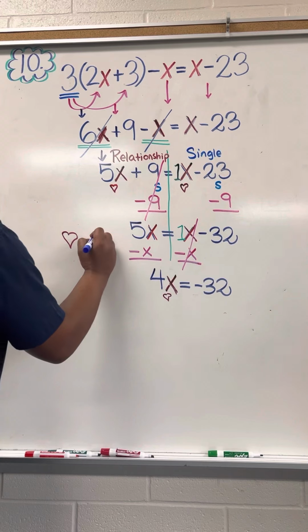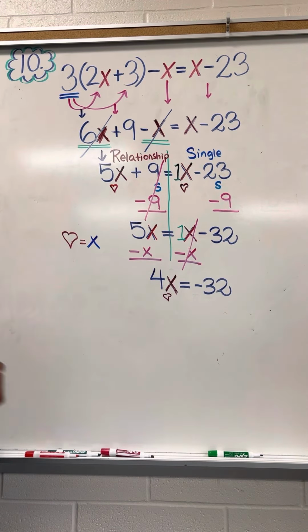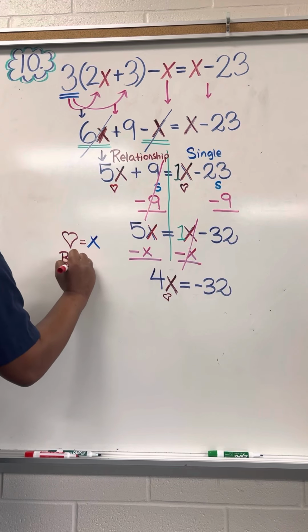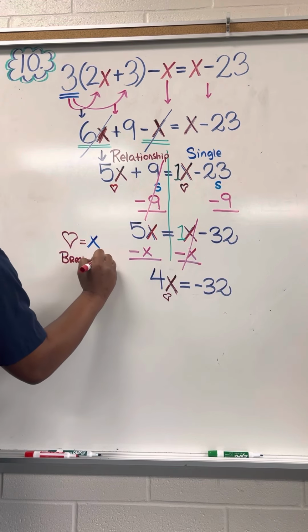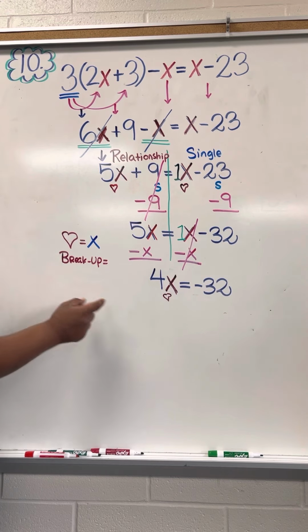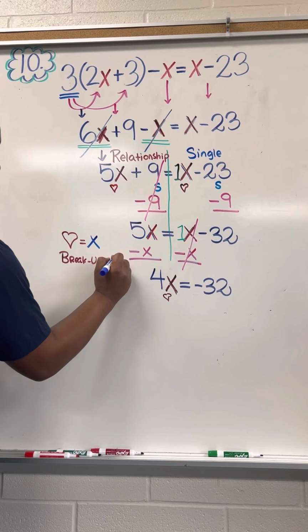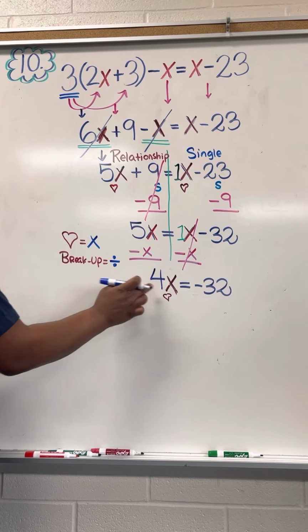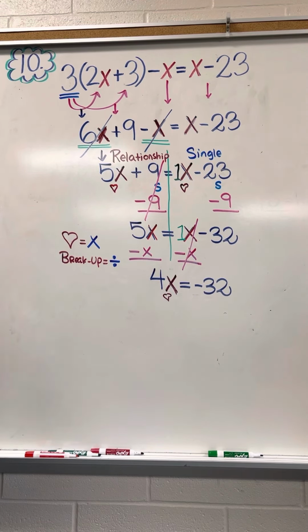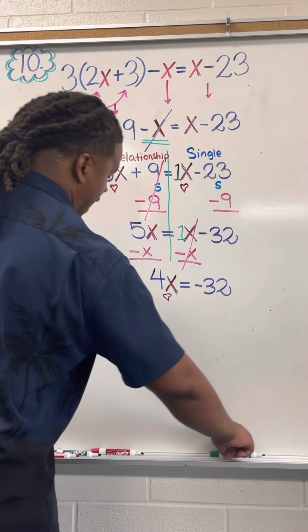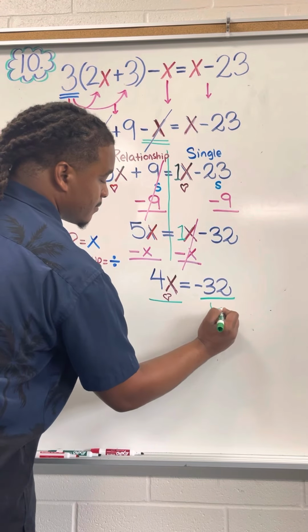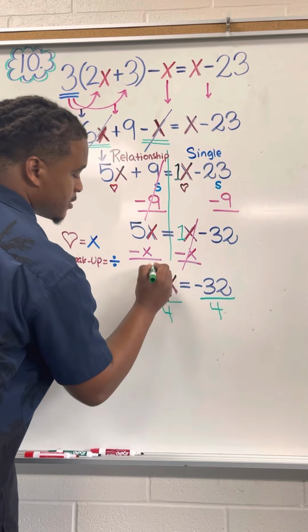So if the relationship is based on multiplication, that means that the breakup, right, because they're going to break up, is the opposite operation of multiplication, which is division. So in order for us to find out the value of x, x has to break up with 4. And 4 has to be divided away, okay? Because that's the operation of the breakup. So let's divide both sides by 4, because x is breaking up with 4.